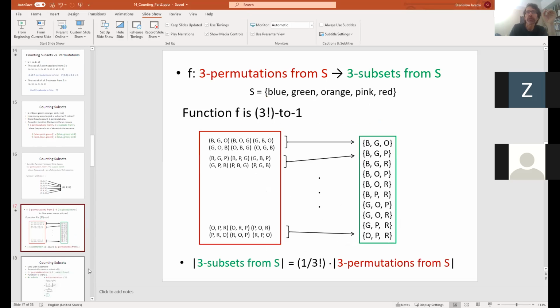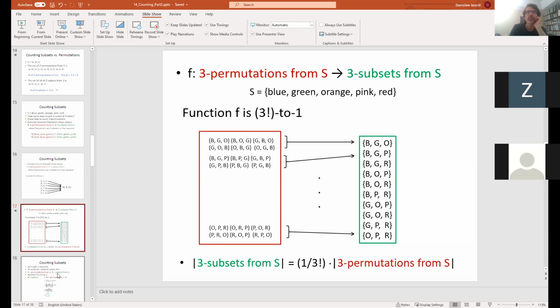So let's put it together. Since this is a k-1 function where k is 3 factorial, the function mapping all permutations to just sets, then in order to count the green things, the sets, I take the number of red things and I divide it by 3 factorial, which is the k here.